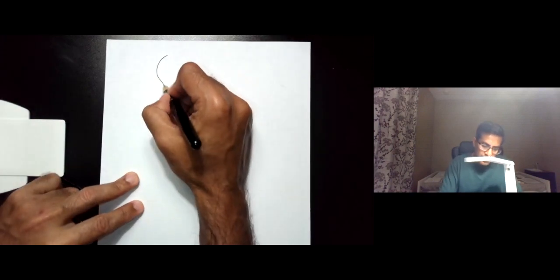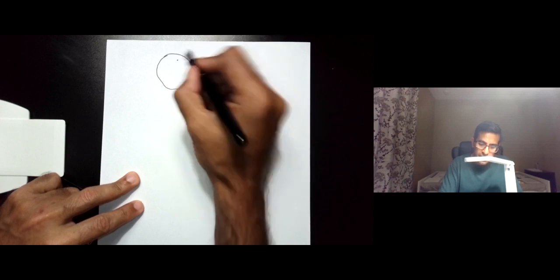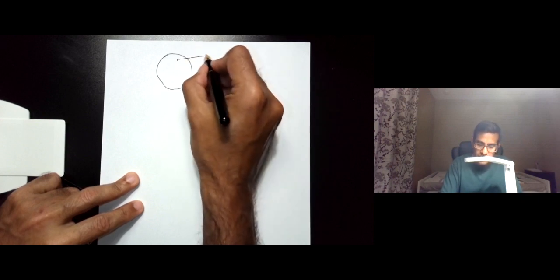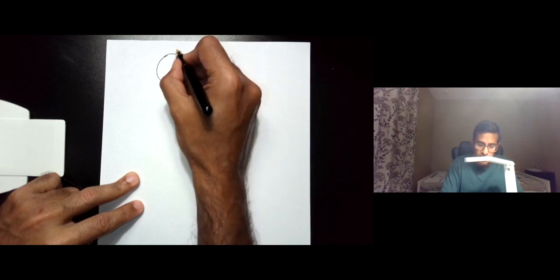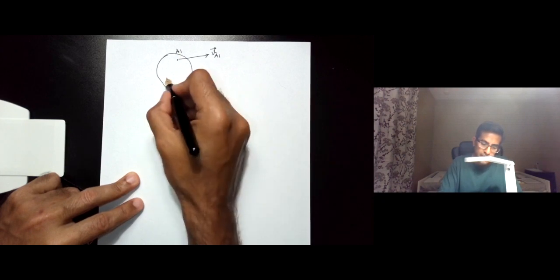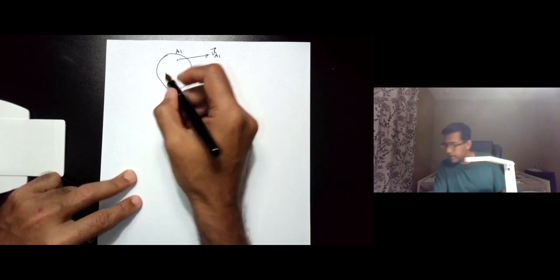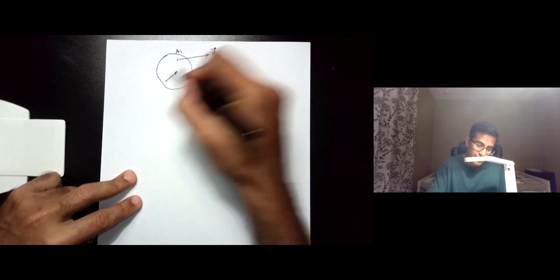So we considered that rigid body, and point A1 has a velocity like this, VA1, and A2 has a velocity like that.